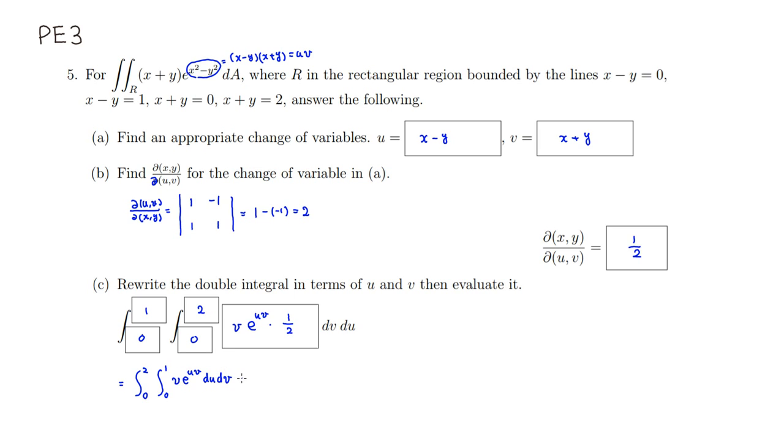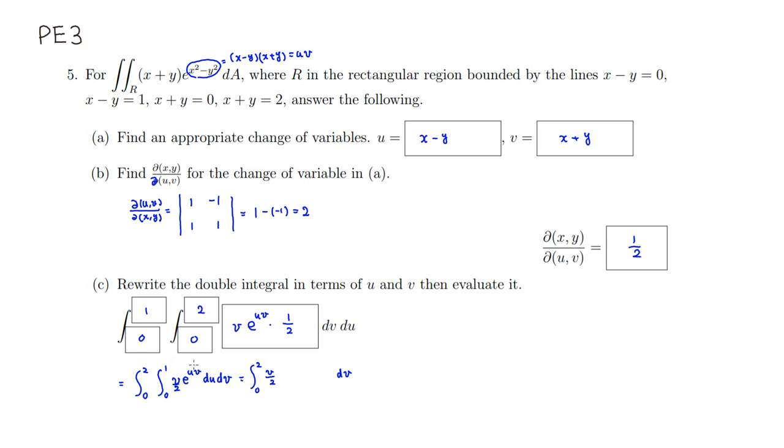Let's leave the outside integral alone. We're going to do the integral with respect to u. Actually I forgot the 1/2, so I'm going to put 1/2 here. Now v over 2 is just going to be a number, so I'm just going to leave it outside here.